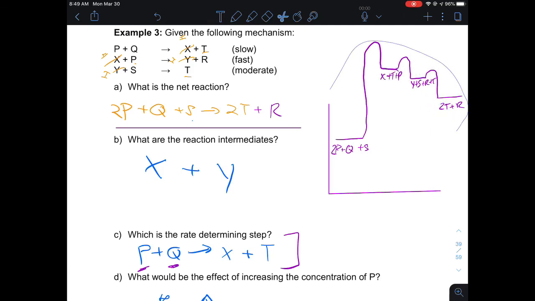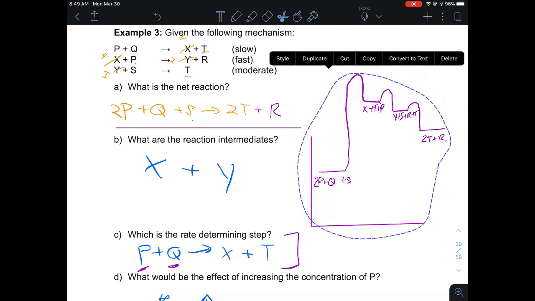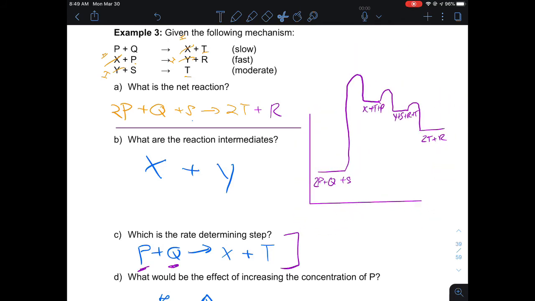So I'm just going to grab the whole thing, move it down. I'm going to grab my axes, move them up. Something like that. So this is potential energy, and this is reaction coordinate. So if this is an endothermic reaction, that's what it would look like. This first step is the slowest step. So this is the slow step.